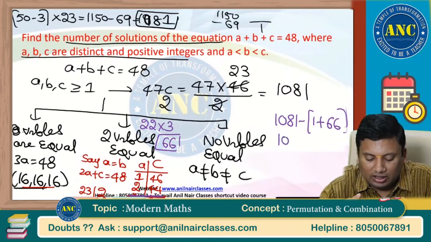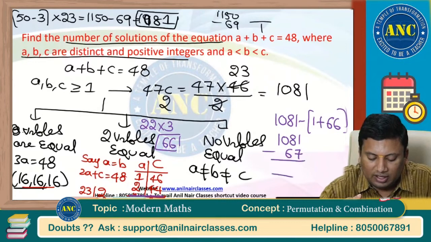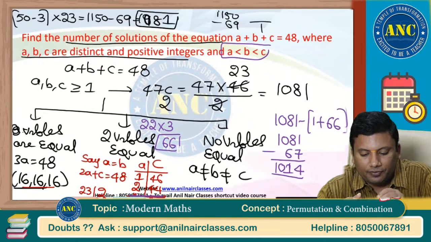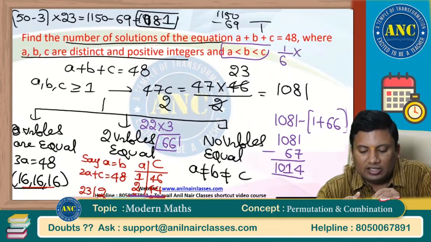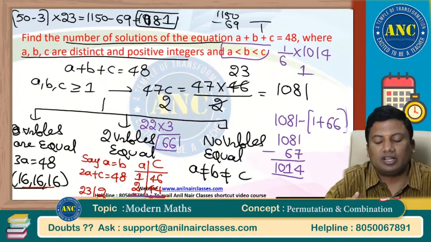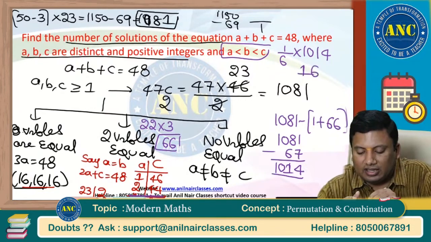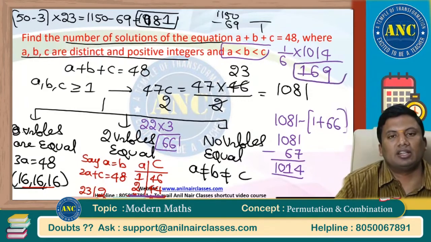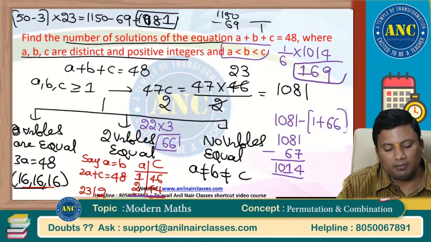So it is 1081 minus 67, which is 1014. In that 1014, a less than b less than c is 1/6 into 1014. 6 into 169 is 1014. The answer is 169 cases where a is less than b less than c.